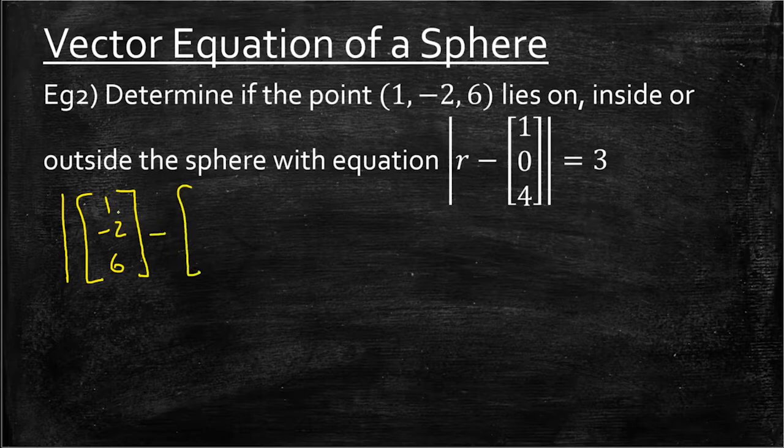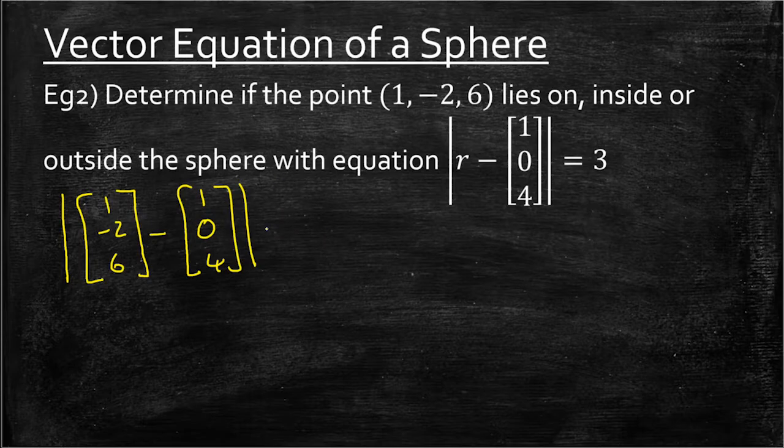If the distance from that point to the center 1, 0, 4 equals 3, then it's on the sphere. If it's less than 3, then we're inside the sphere. And if it's greater than 3, then we're outside the sphere, because the distance of the point to the center being bigger than 3 means we're outside.